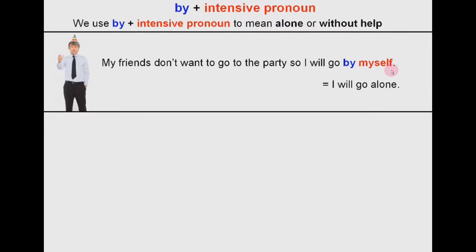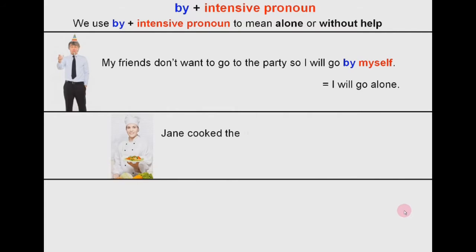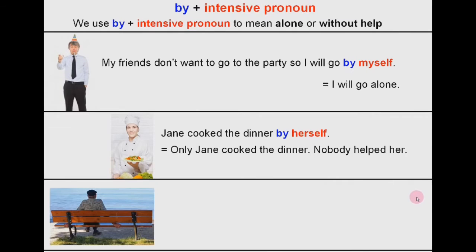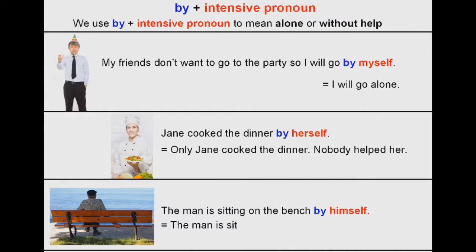I will go by myself, it means I will go alone. Jane cooked the dinner by herself. So this means that only Jane cooked the dinner. Nobody helped her. She cooked the dinner alone. The man is sitting on the bench by himself. The man is sitting on the bench alone. This is the meaning.